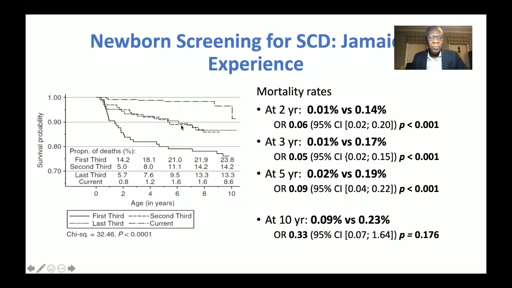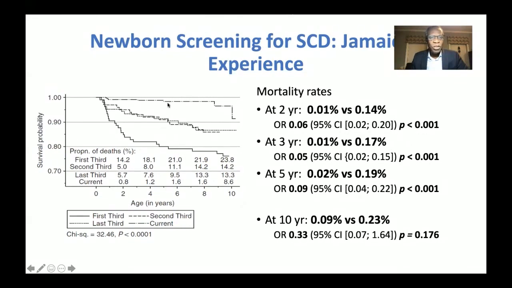And at this time, there was no structured way of early interventions in sickle cell disease. This was a cohort study looking at the natural history. And you can see over time, this represents 1973 to 1975, 1975 to 1979, 1979 to 1981. So over time, there was some experience in managing these children, and there was improvement in survival.